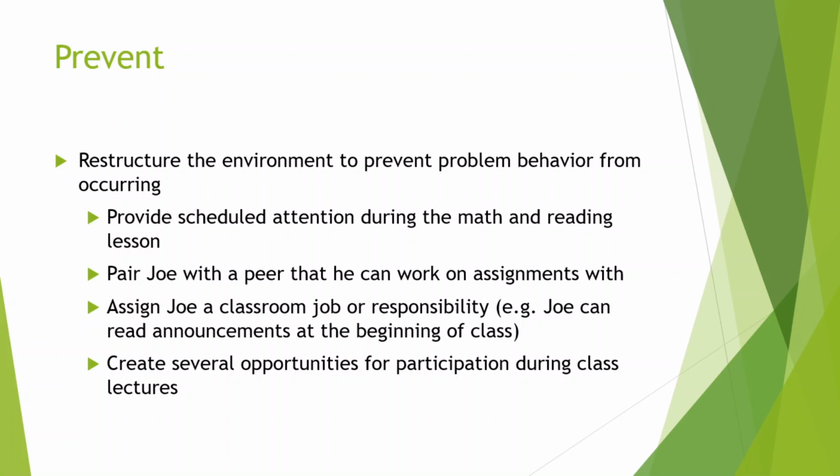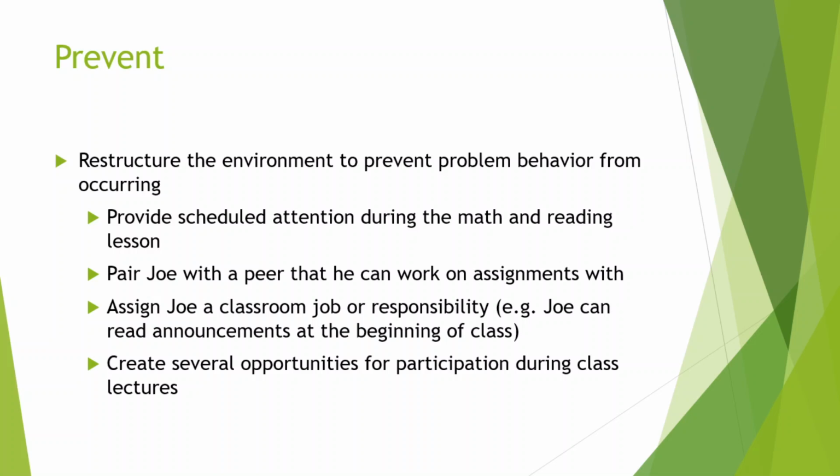Another strategy is to assign Joe a classroom job or responsibility. So for example, maybe Joe can read the announcements at the beginning of the class. Maybe he can be in charge of handing out papers, or maybe he can be made a group leader. And then another is to create several opportunities for participation during class lectures.